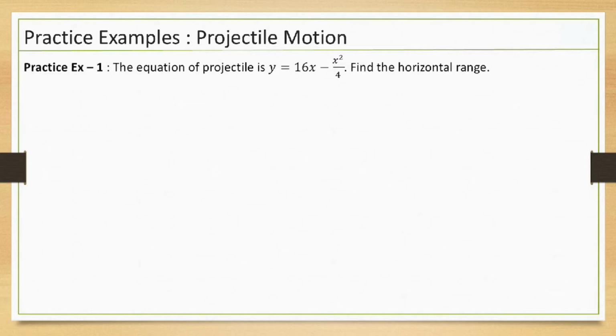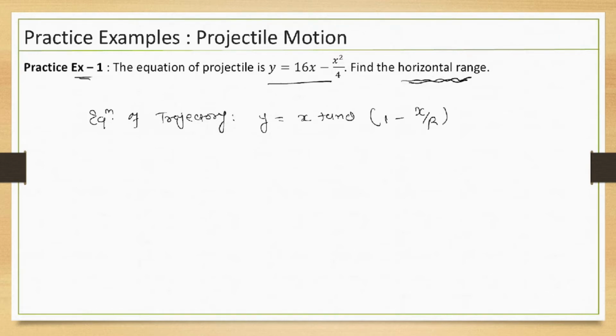Here one example is given to us. The equation of a projectile is y is equal to 16x minus x square upon 4. Find the horizontal range. Nothing else is given, but to find the horizontal range, you compare this equation with the standard equation of trajectory, y is equal to x tan theta in bracket 1 minus x upon R. So take 16x common from the given equation: y is equal to 16x minus x square by 4.